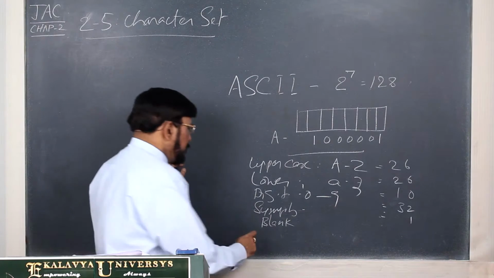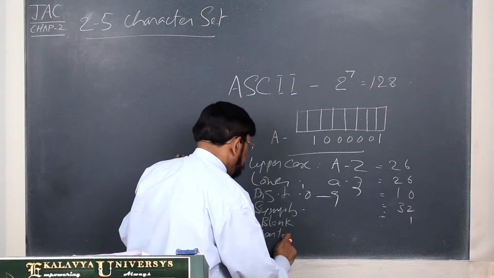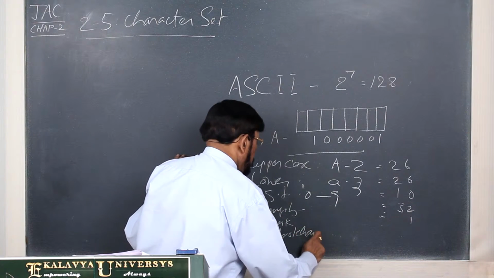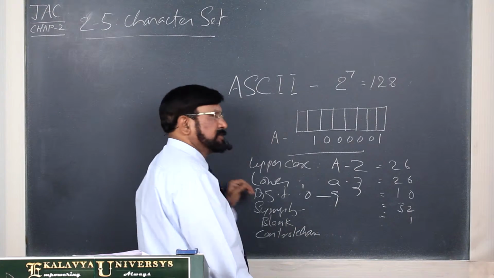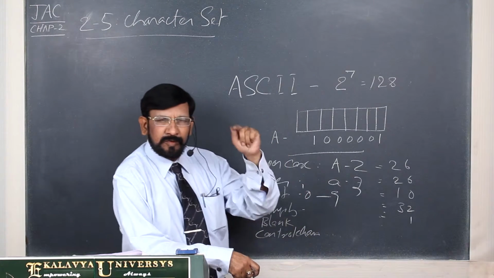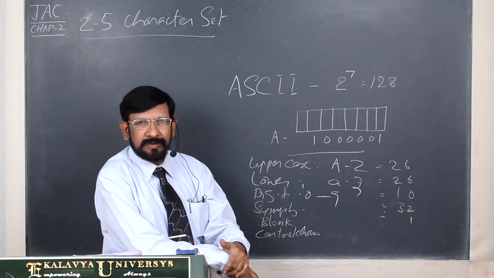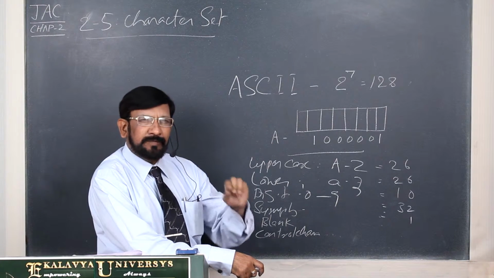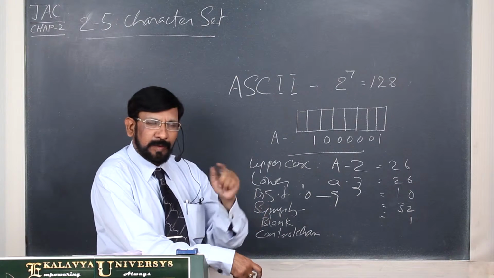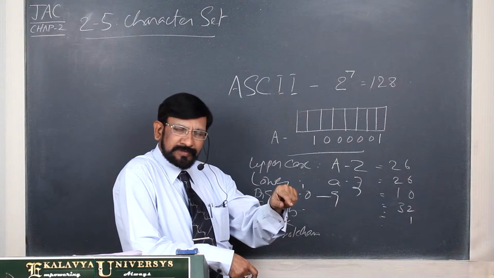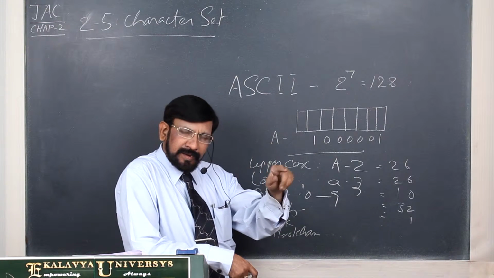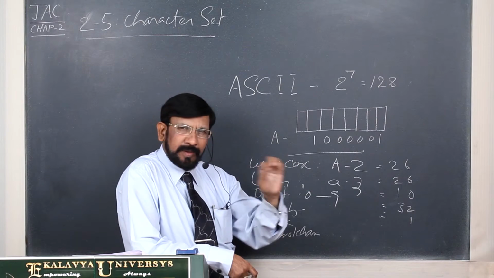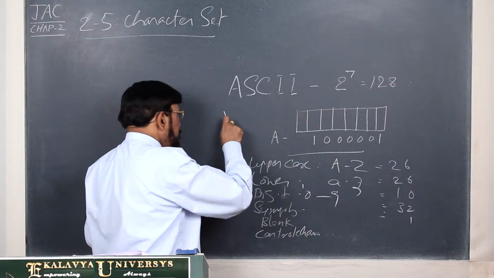Okay, there are control characters. Control characters means actually for that also one key you have to press, but one action is performed. Suppose tab, if you press it, then tab action is performed. In that way, many are there.